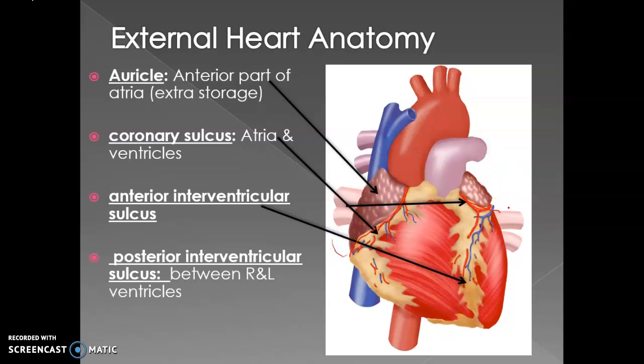An easy way to think of it, it's kind of hard without looking at a model. Now make a fist with your left hand. The fist that you just made represents the two atria. Then make another fist with your right hand and bring the two fists on top of each other.